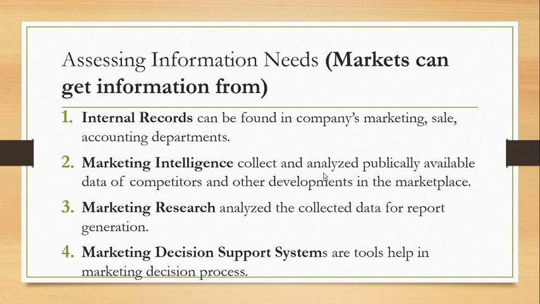For example, if the information about the competitors' product prices or promotional campaigns is available to the organization beforehand, then the organization can plan its own strategies to tackle the pricing and promotional strategies adopted by the competitors.